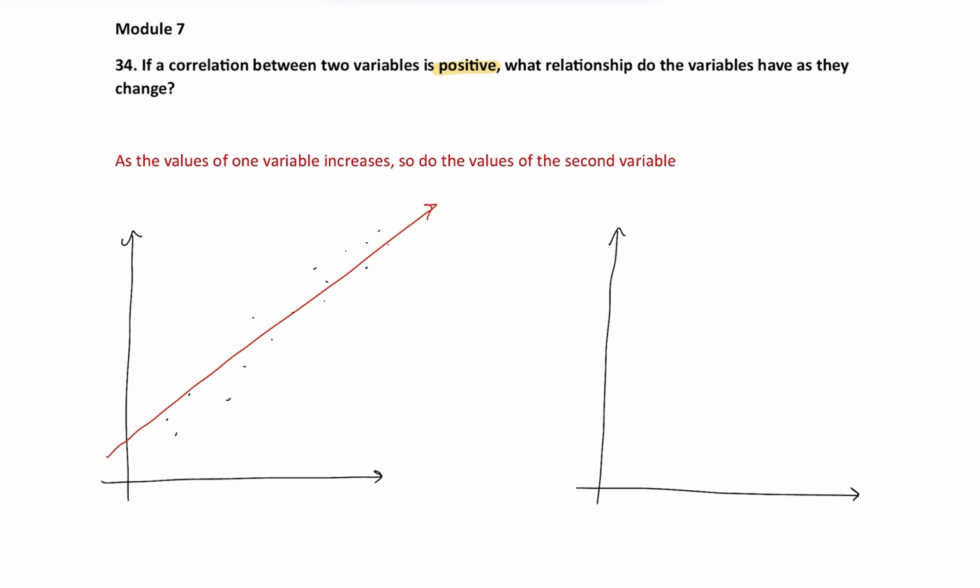So as one variable increases, as we move to the right, we see that the value of the second increases as well, or it goes up, okay? And this is denoted as a positive correlation.